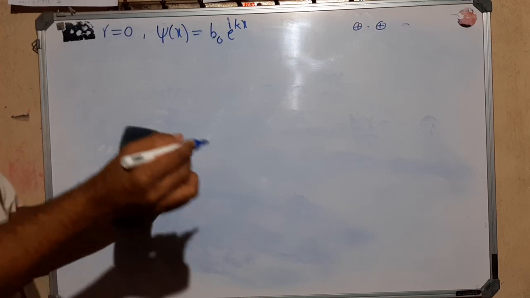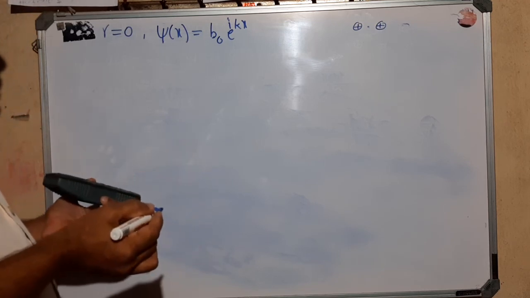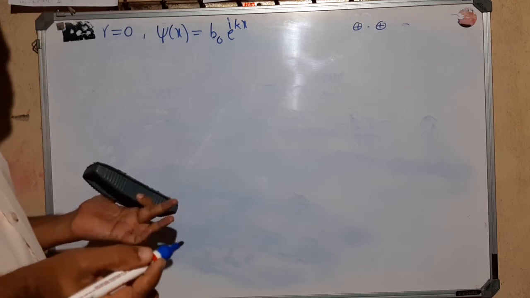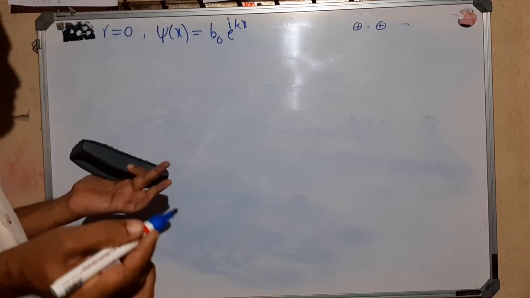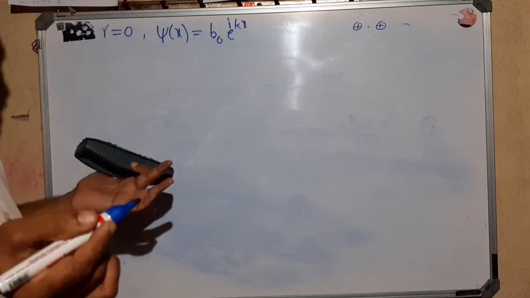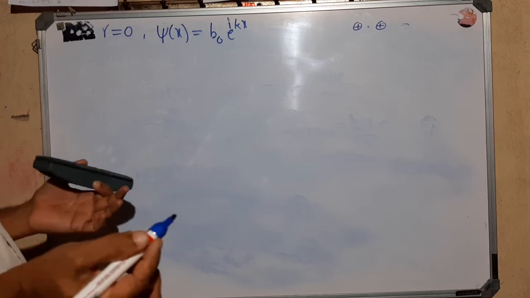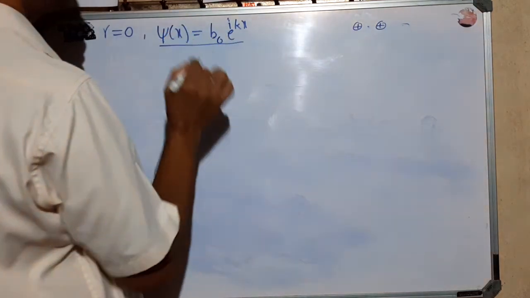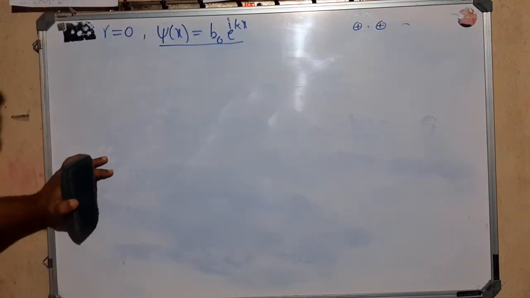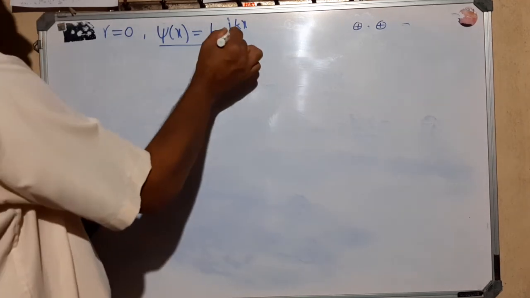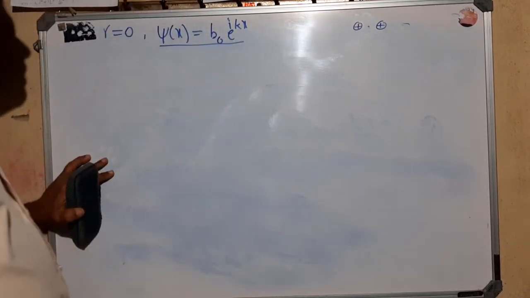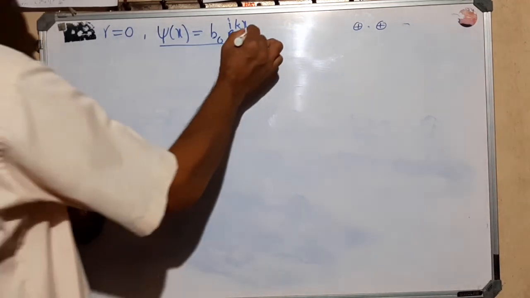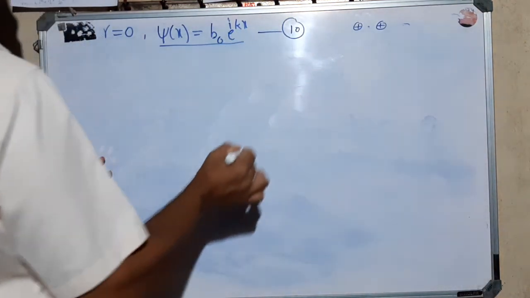For any free particle, as you know, we write the wave function in the form psi of x is equal to psi naught into e to the power i into kx minus omega t. That is the same thing here also. We are referring to t equal to 0. Then in the place of psi naught, I have taken b naught, e to the power ikx. This is equation number 10.